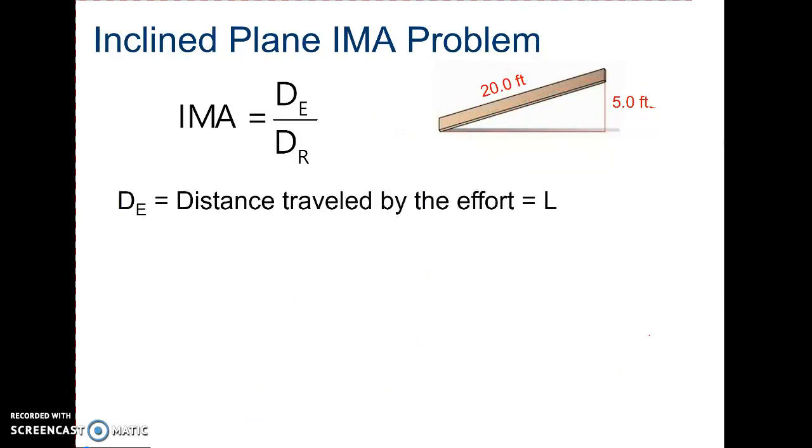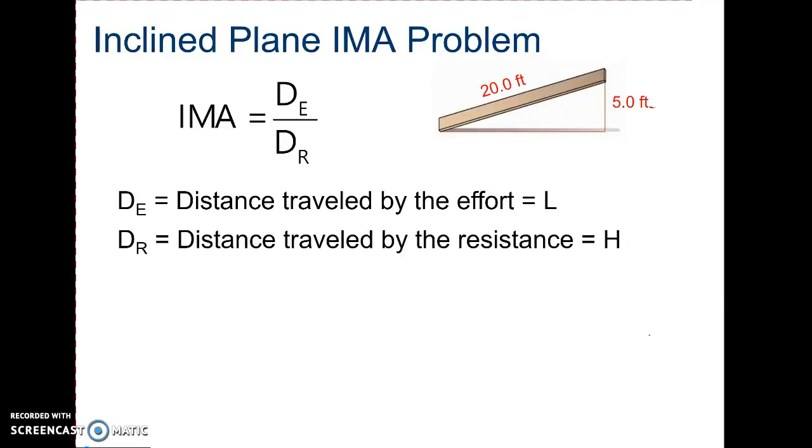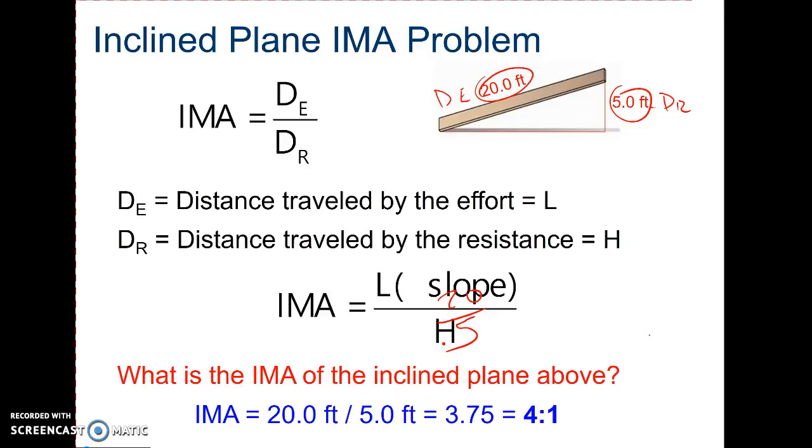Okay, now here's another problem. The DE over the DR here would be, so we just agreed this is going to be our DE, which is 20 feet, and our DR will be 5 feet, so this is going to be 20 over 5. Okay, so real quick before I move on, we get an IMA of 4, and let's not forget what the IMA means, right? Mechanical advantage.